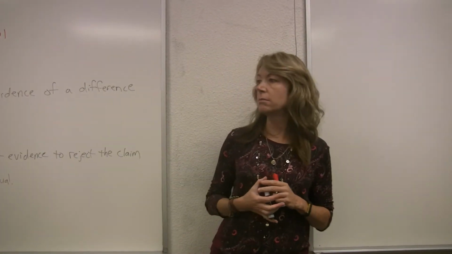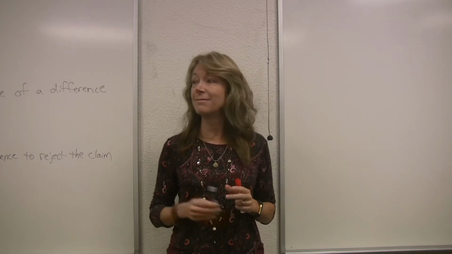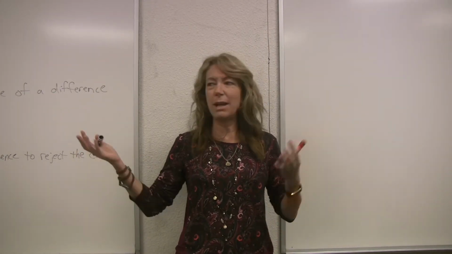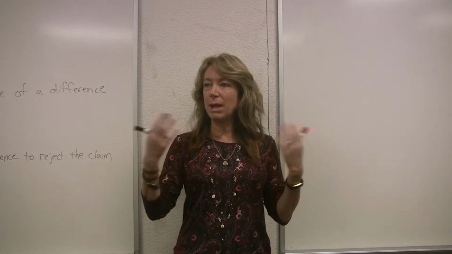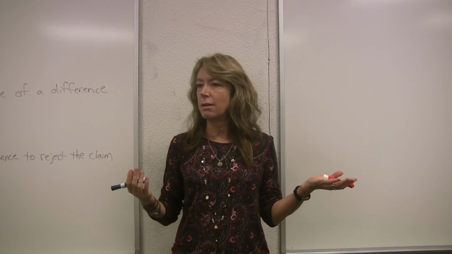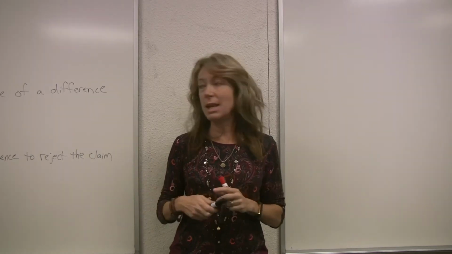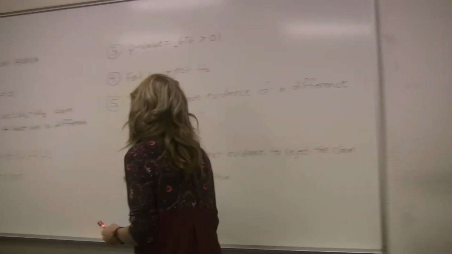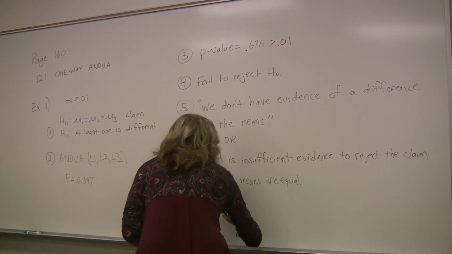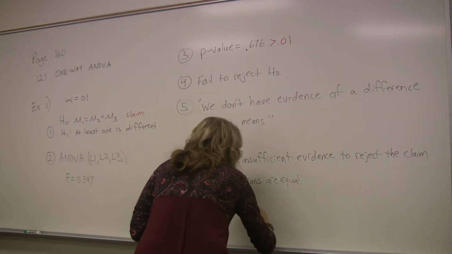Why not? We don't have any evidence of a difference, so how can you say the larger ones are better? If I took 3 people and said they all appear to be the same age, I couldn't say this one's older. So the answer there would be no. All cars appear to be the same.